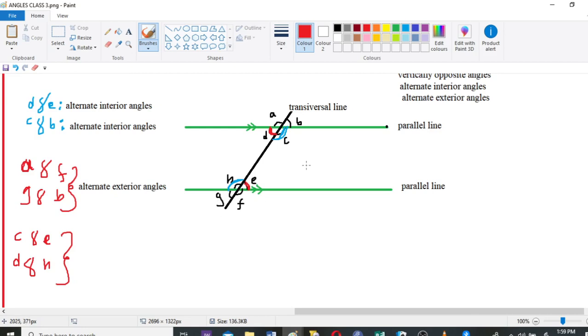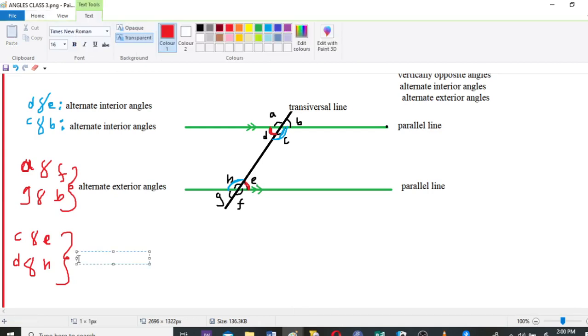Let's say this C and E, D and F. Let's indicate the name here. So these angles are called supplementary angles.